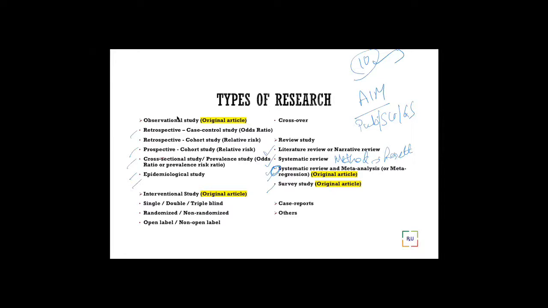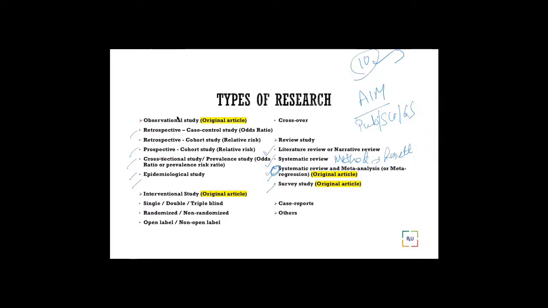Okay, the third part is systematic review and meta-analysis or meta-regression. That is a definitive original article and does not require IRB. Meta-analysis and meta-regression are the terms.